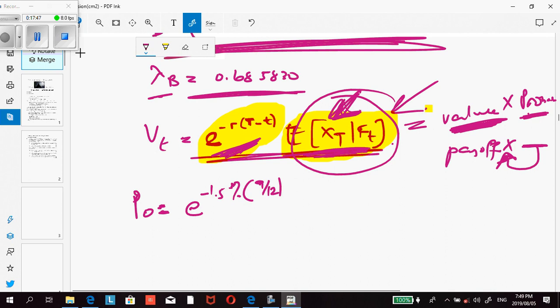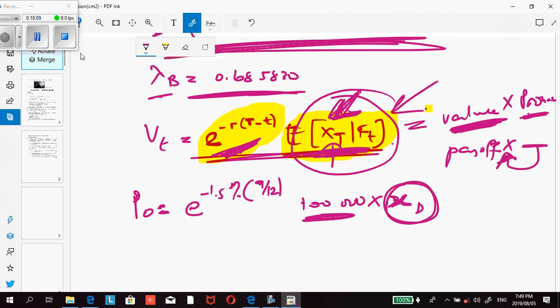Now, the question told you that we pay off 100,000, so we pay off 100,000 times the probability. Now, this 100,000 will be paid if and only if both companies default. So I have to multiply this by the probability that both companies will default, and I'm going to call that XD.